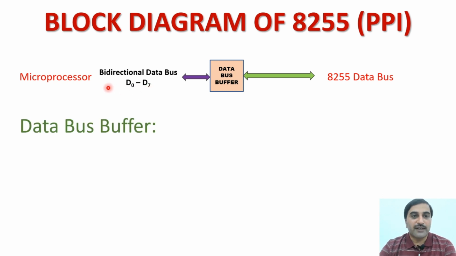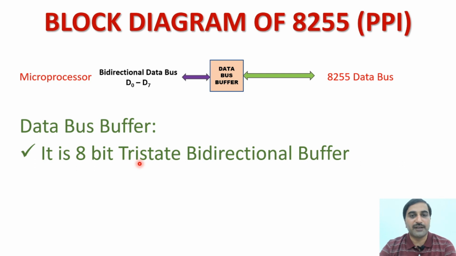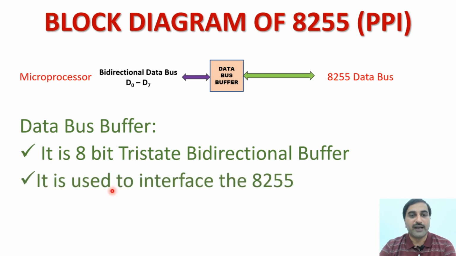Or vice versa, that means it may take the information from the microprocessor and then transfer the information to the particular port of 8255. That depends on the mode in which 8255 is working and the behavior of that port, whether it is working as an input port or an output port. Data bus buffer is an 8-bit tri-state bidirectional buffer and it is used to interface 8255 to the system data bus.